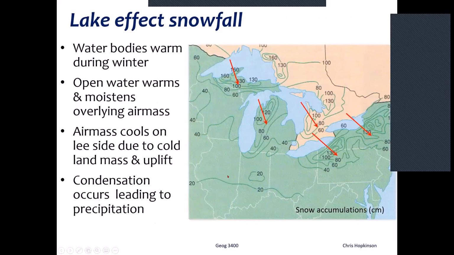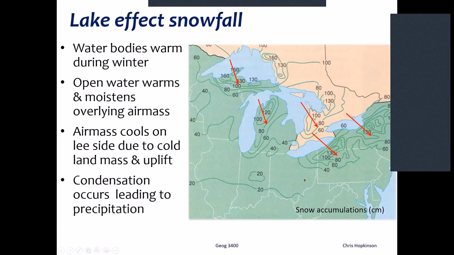Now let's look at some regional influences. One that maybe we don't experience here in the prairies, but if we lived in southern Ontario, we would be very, very familiar with, is lake effect. If you live downwind of a large body of water, then in winter, that body of water is going to be relatively warm, at least until it gets completely covered with ice.